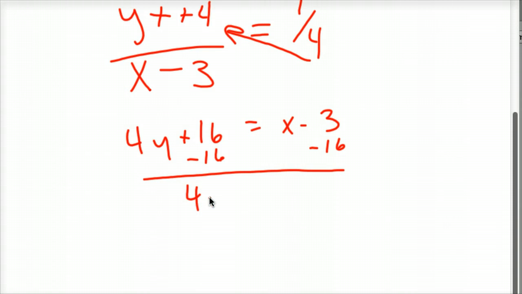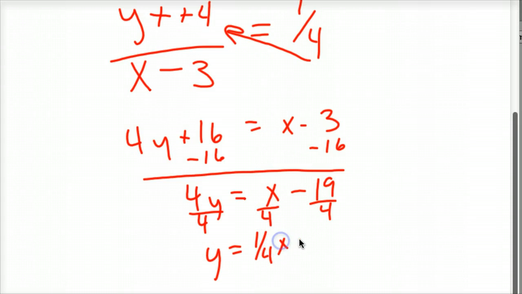And so 4y equals x minus 19. And then you divide by 4. And so y is equal to 1/4 x minus 19/4, which would be 4 3/4. That was right. That's nasty. So my guess was correct.